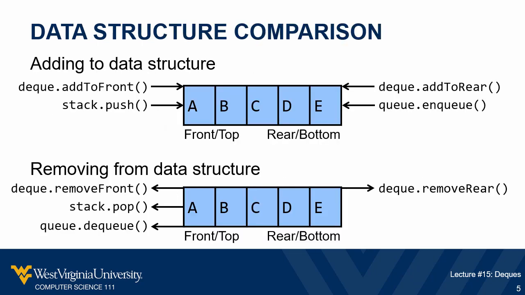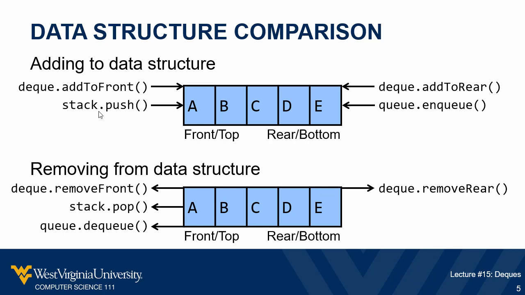So that you can see how a deque compares to stacks and queues, I put together this diagram that shows the different ends and the different operations that are supported on those ends when we try to add and remove things. You can see here on the top line for each of these diagrams that deques support adding and removing both at the front and the rear.